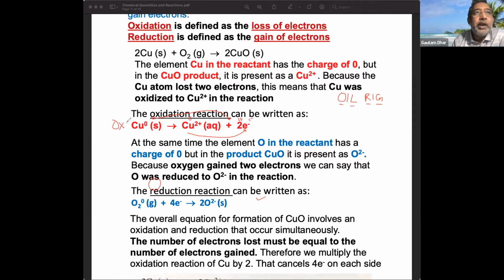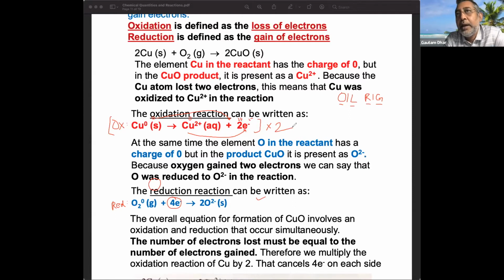After identifying who is getting oxidized and who is getting reduced, now you have to make the number of electrons the same. If you try to make the number of electrons the same, which is 4 electrons, then this reaction, if I multiply by 2, I'll get 4 electrons and then add them together.